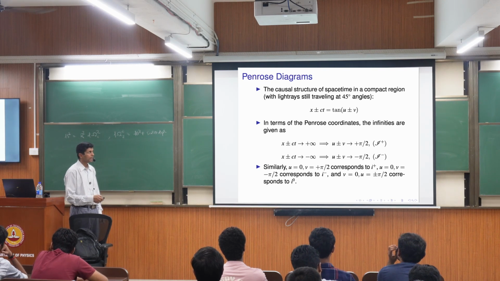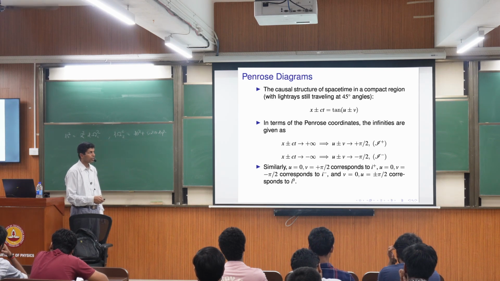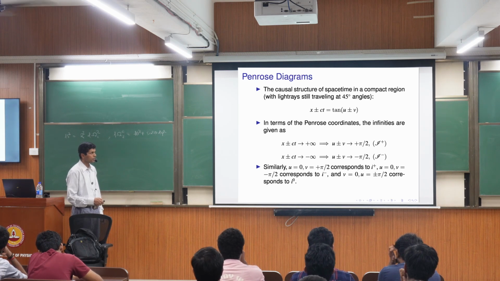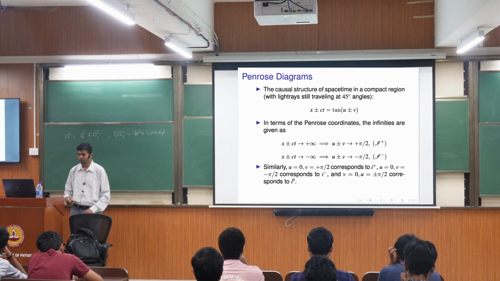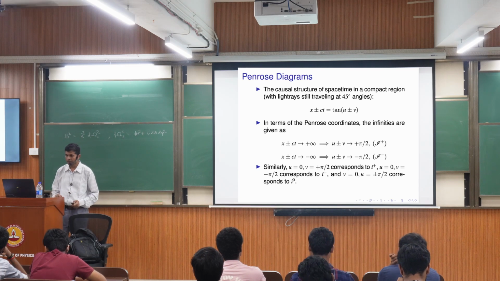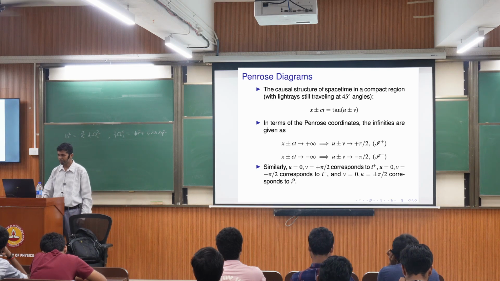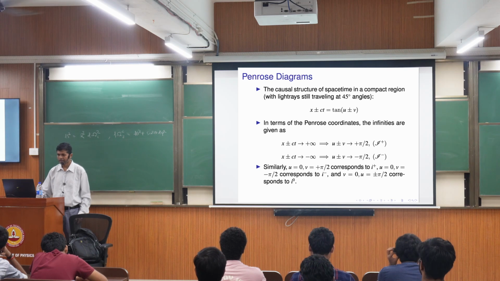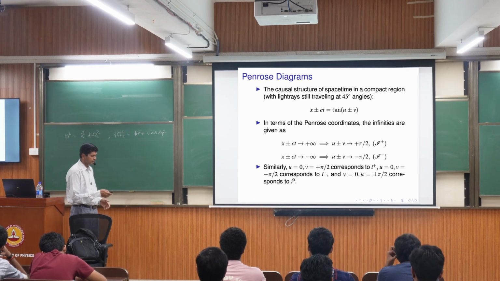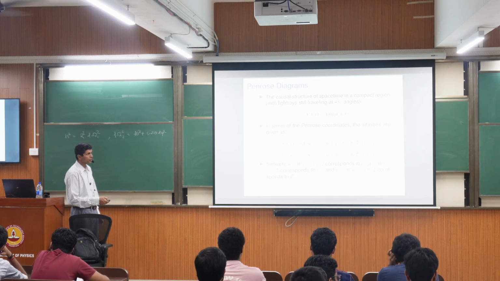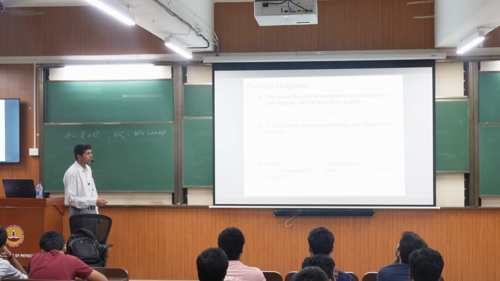in the sense that light rays still travel at 45-degree angles. So that is the advantage of this. The various infinities that I described in the previous slide basically turn into this. If you take x plus or minus ct to infinity, that corresponds to u plus or minus v to plus pi by 2.